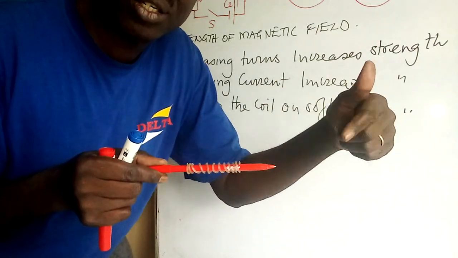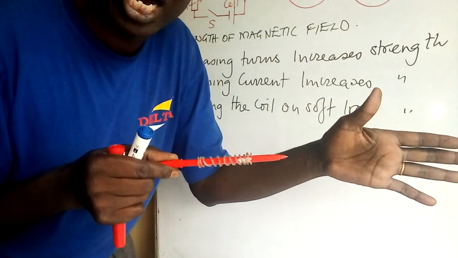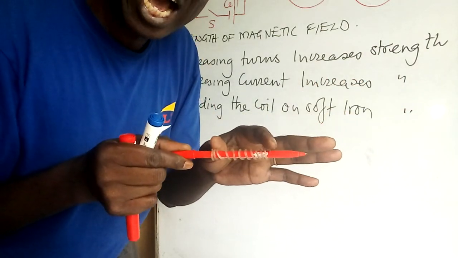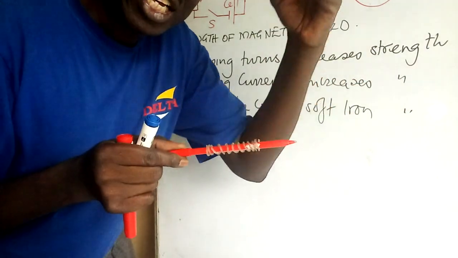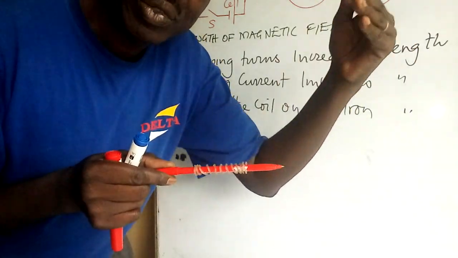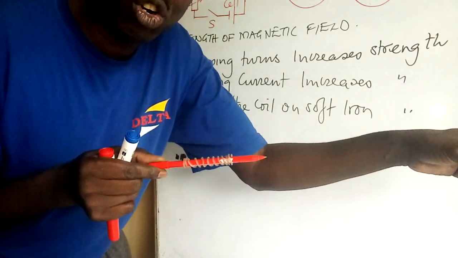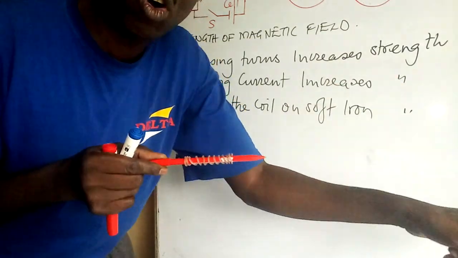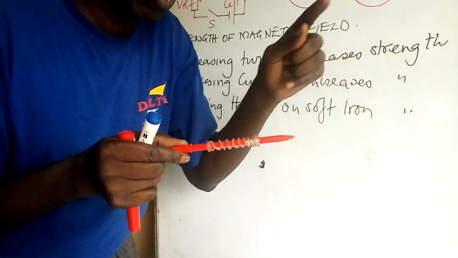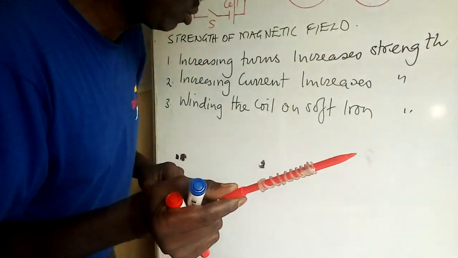Turns, the winding of the coil. Don't say turns as a measure of mass. So these turns are 11, the other one is 20. When current flows through the solenoid with 20 turns, you will get a stronger magnetic field compared to when we used only 11 turns. Very good.